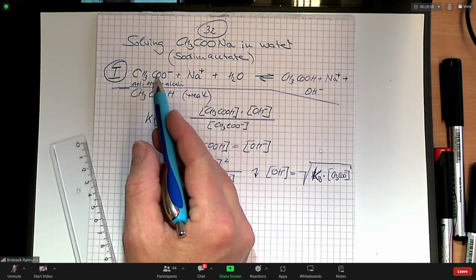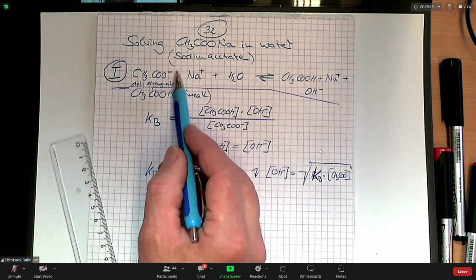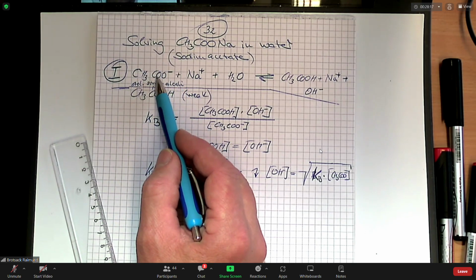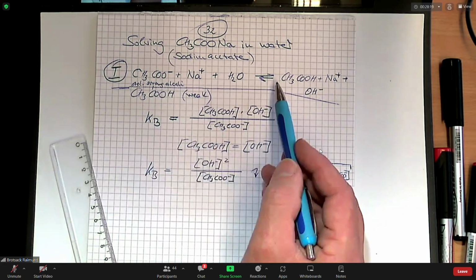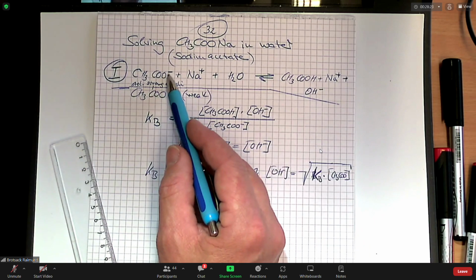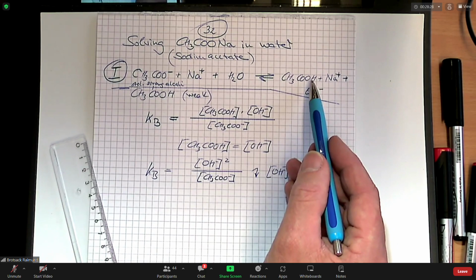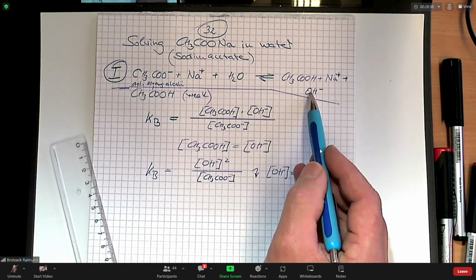Here, no, because we have an initial concentration which we put in, and we don't know up to now how many of them reacted to the right side. But when they did, those are the same concentration.